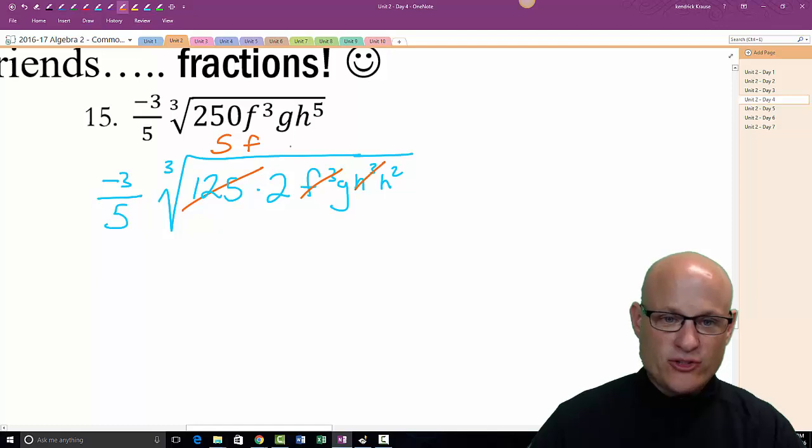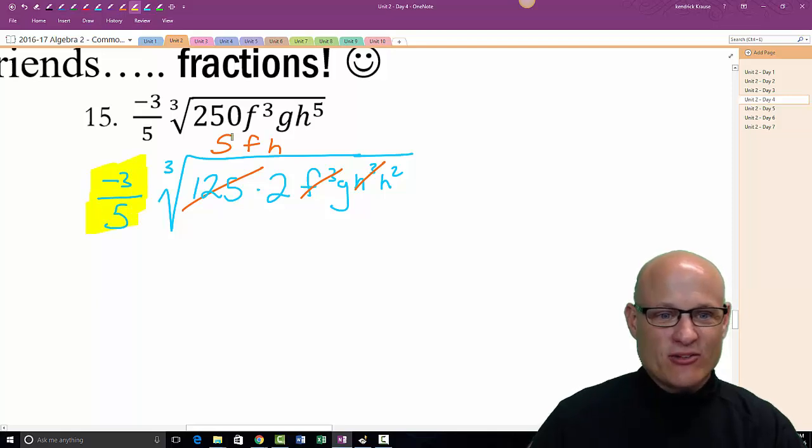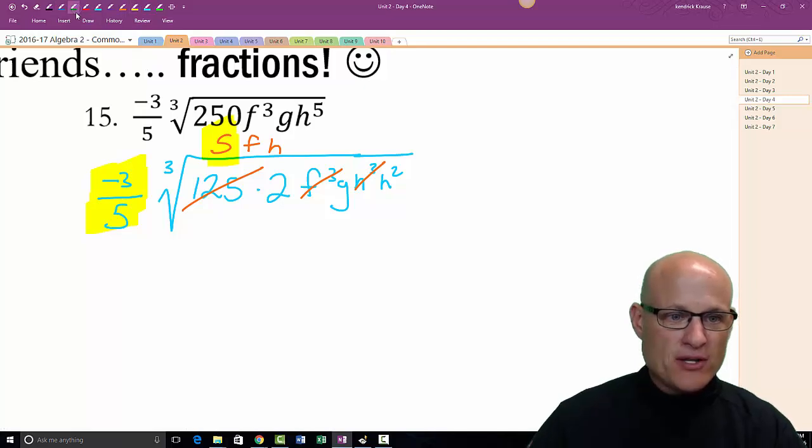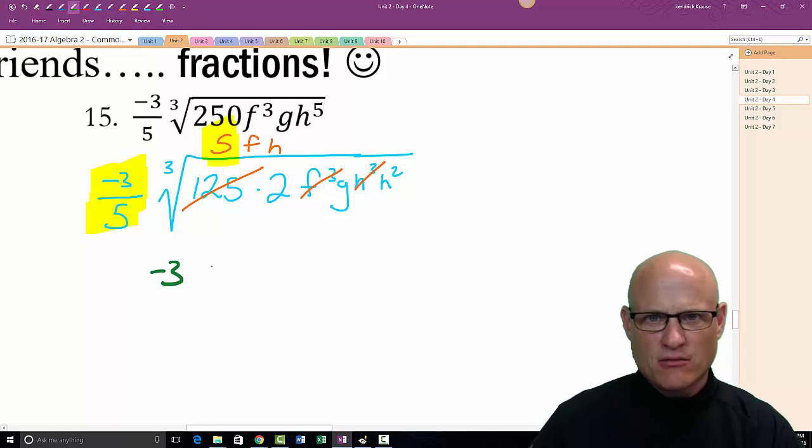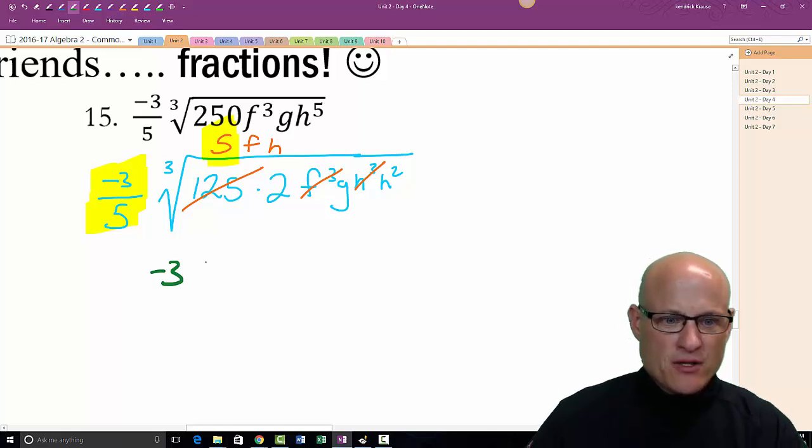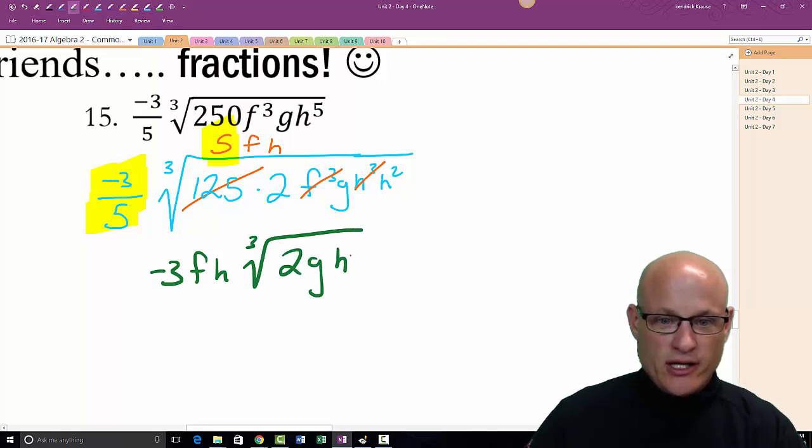And the cube root of h cubed is h. Now, -3/5 times 5 is -3. The 5s just cancel. Is that easy? -3f h cube roots of 2g h squared.